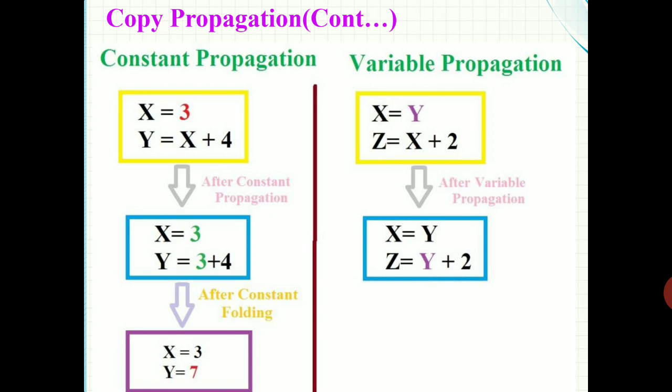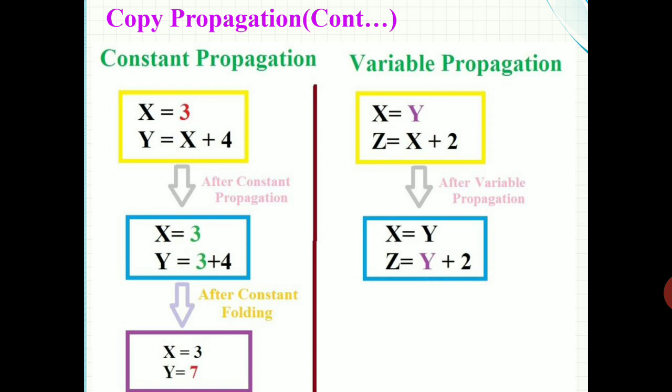It is mainly used to enable other optimization techniques like dead code elimination. Here, if we are not using x in the upcoming statements, then we can eliminate the statement x equal to y as dead code.